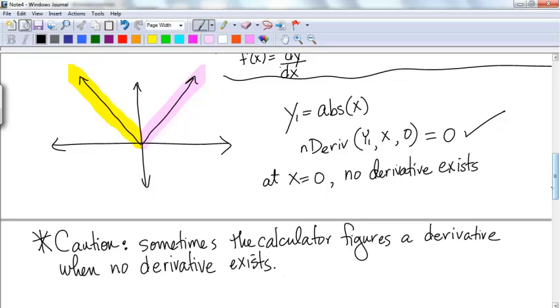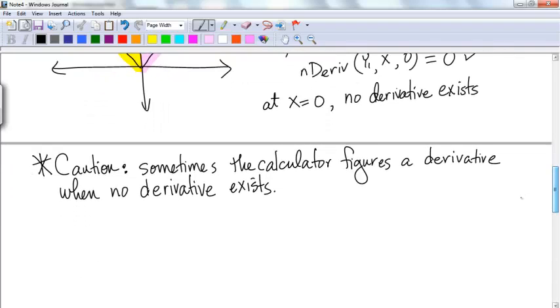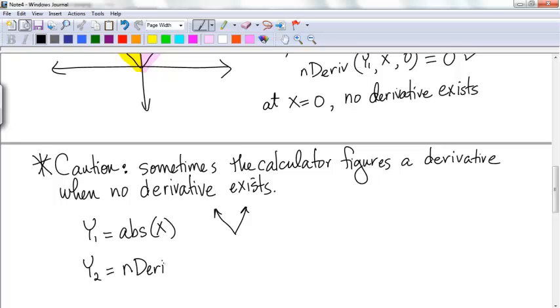One way to look at the derivative graph: in y sub 1 we had the absolute value of x. If I graph that, I get that V graph. Now I want to actually look at the derivative graph. To get the derivative graph in y sub 2, you put in the numerical derivative of y sub 1 comma x, and we want to look at the graph, so it's not at a specific point, it's just at x.